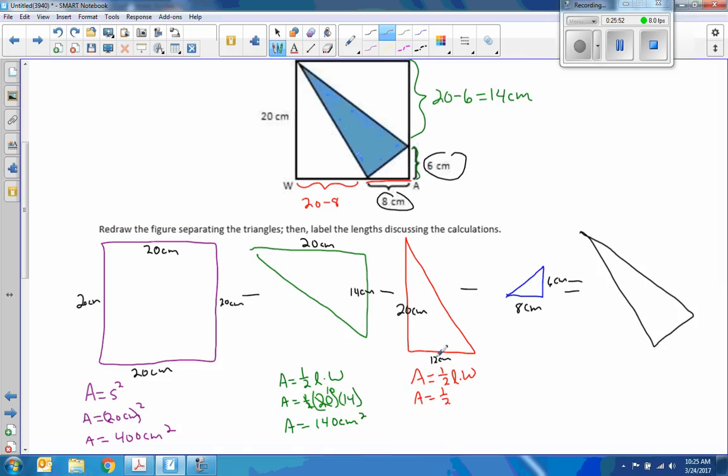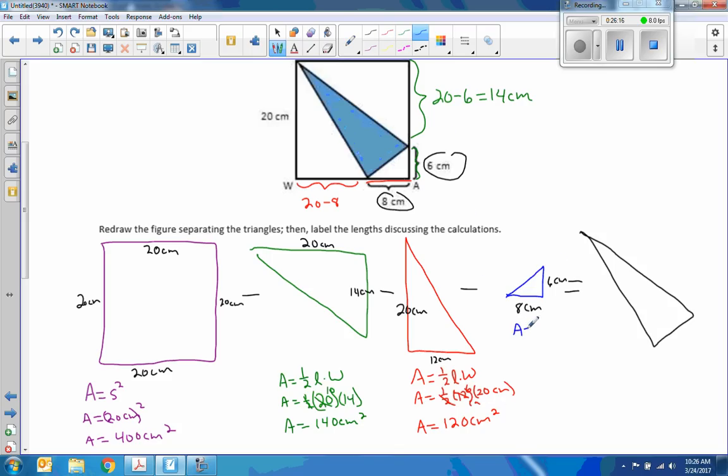1/2 the length is 12. The width is 20. Now I should be writing centimeters here, and then you would see that when we multiply we get squared. So area equals 1/2 of 12 is 6. 6 times 20 is 120. Centimeters times centimeters is centimeters squared. So I'll try to do that in this one here.